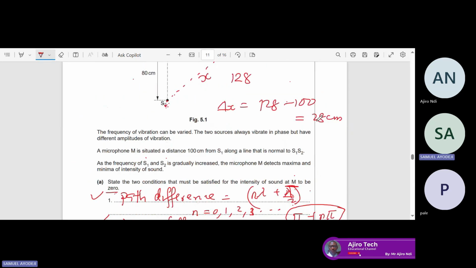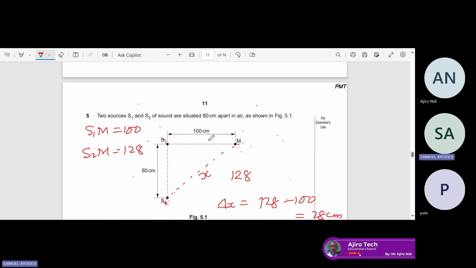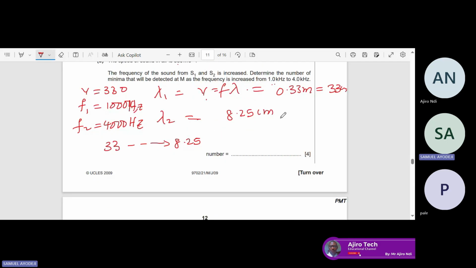I'm not even given the wavelength, I calculated it. Okay, wait, 28 centimeter. Then this is the wavelength.